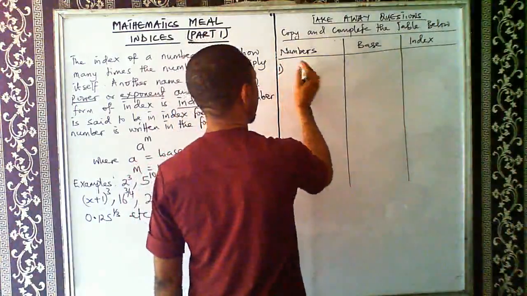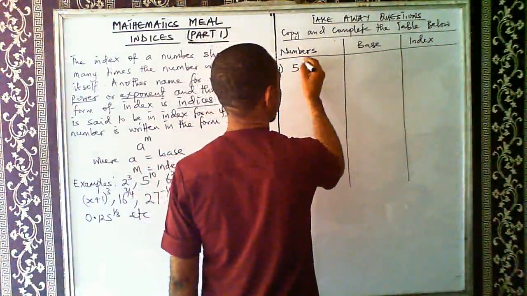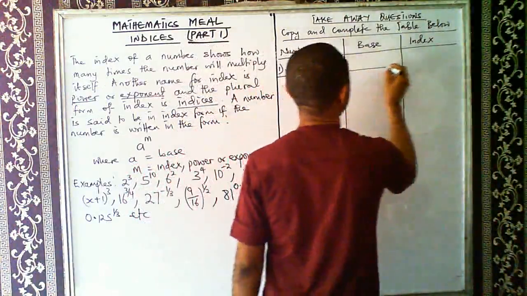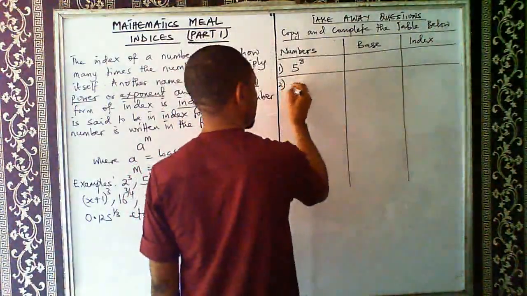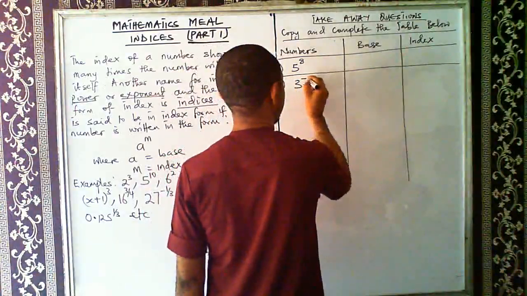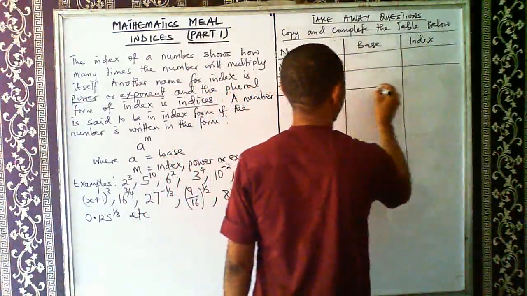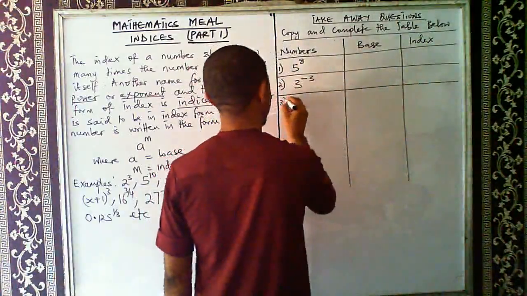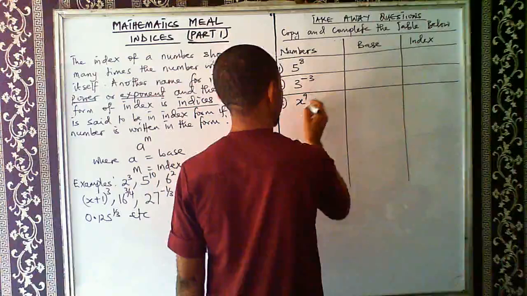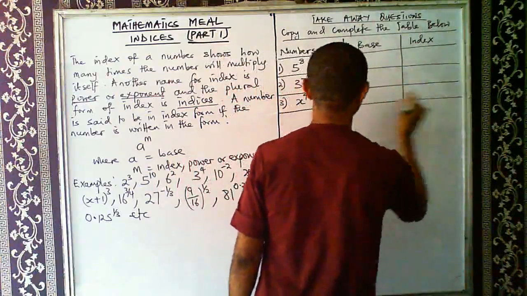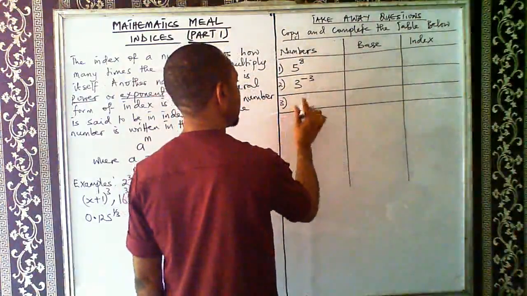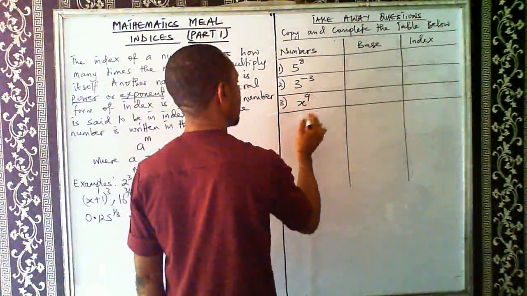So, number 1. It's going to be very simple. So that's x raised to power 9, that's 9, not a.